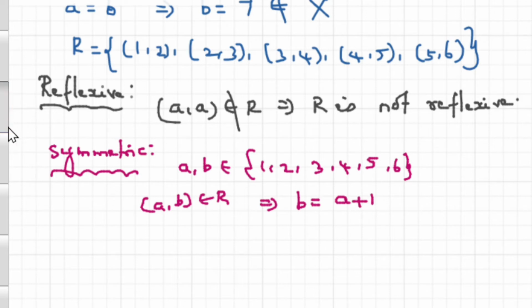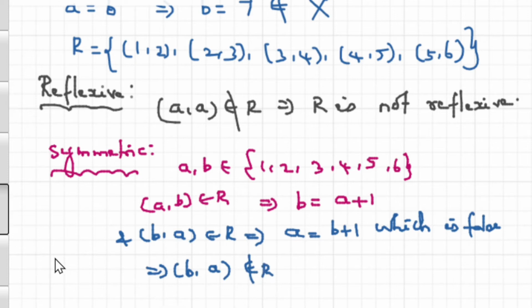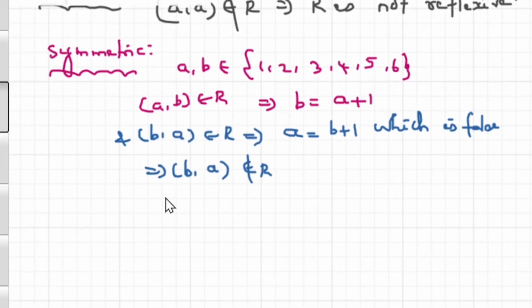And if we have (B, A) belonging to R, it means A is equal to B plus 1, which is actually false. The reverse order is not there, which is false actually. So you see, this implies (B, A) does not belong to R, and therefore R is not symmetric.